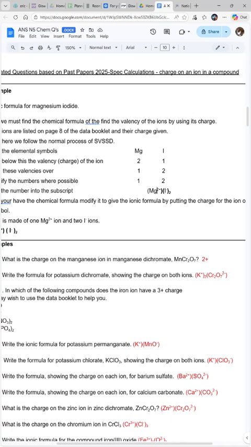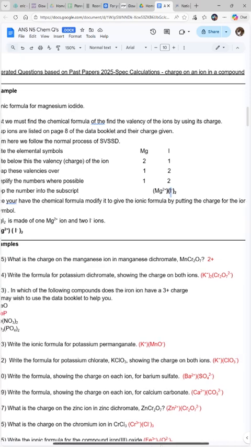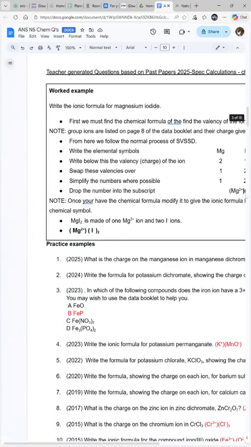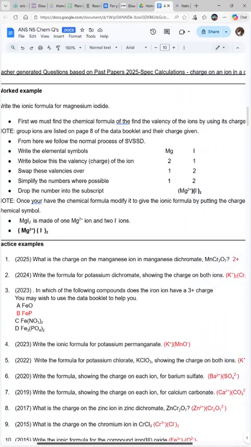The positive 2 from the magnesium ion is cancelled out by 2 of the 1 negative ions. So we've worked that through, and you can see that the answer we've come up with is the same as the one we have here. Once we had our chemical formula, we push the 2 out for the iodine, we put the charges on the ions in, and then we are done.